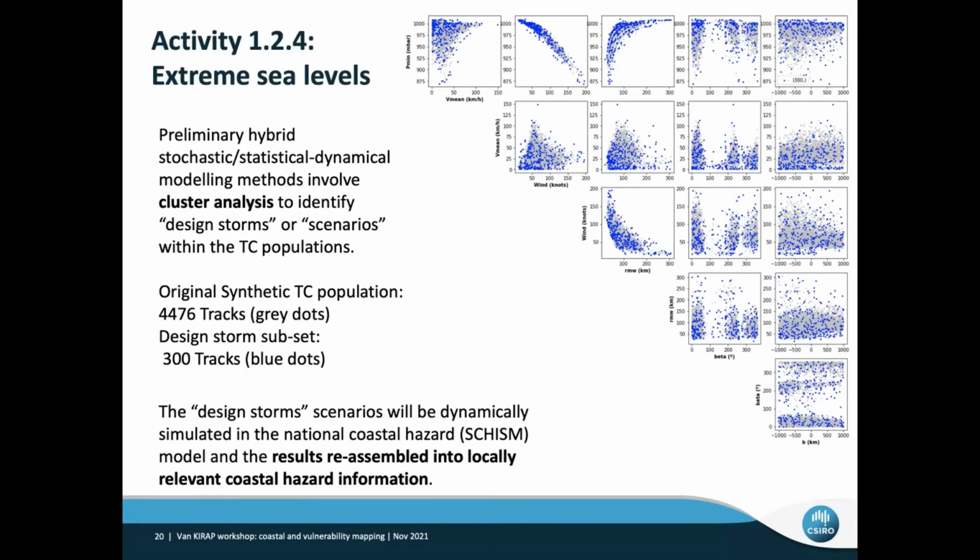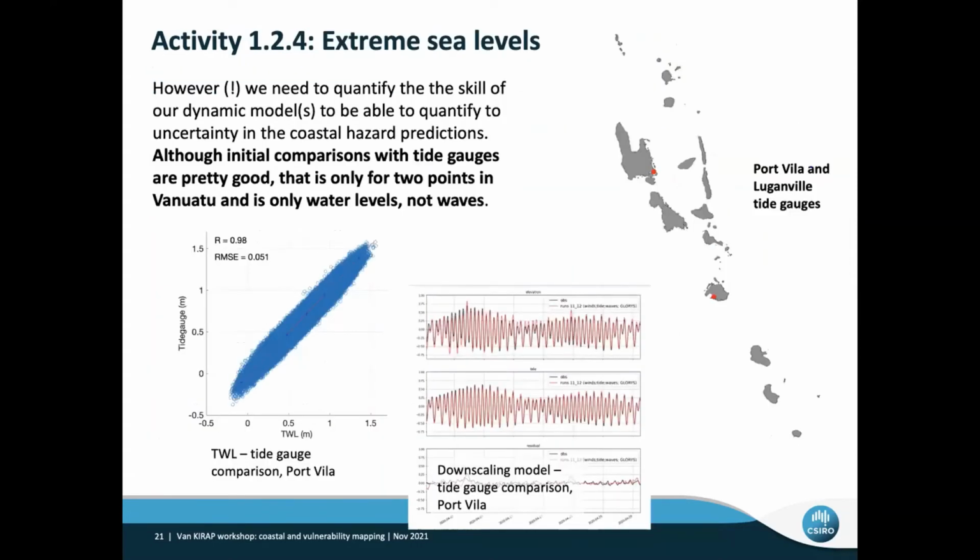However, there is a big caveat here. For this to work and for it to effectively reduce our uncertainty, we really need to be able to trust the skill of our dynamic model, that is our national SCHISM model that Vanessa presented.